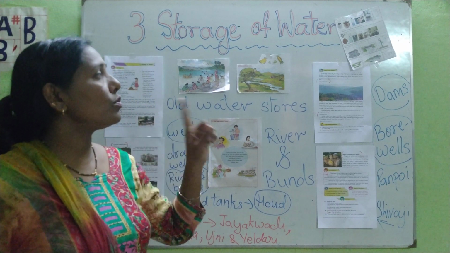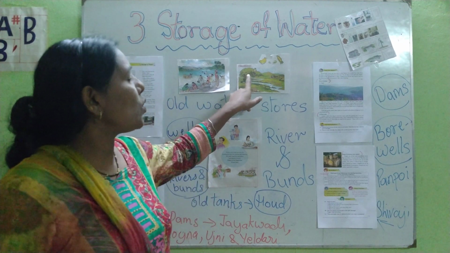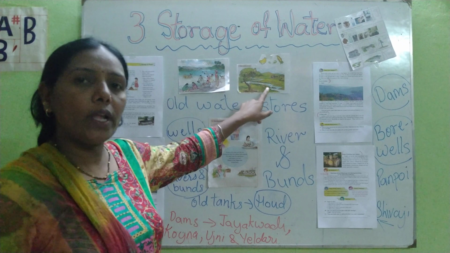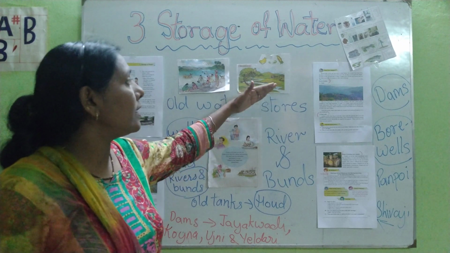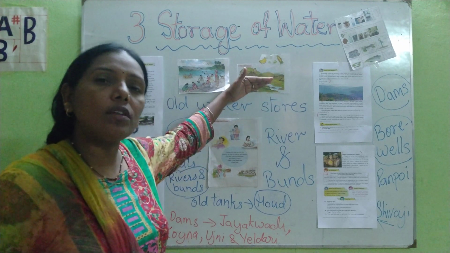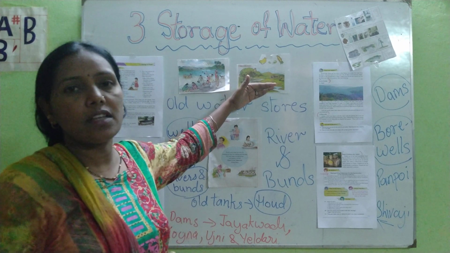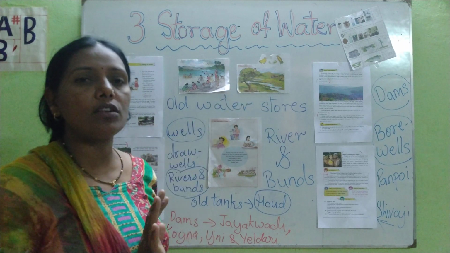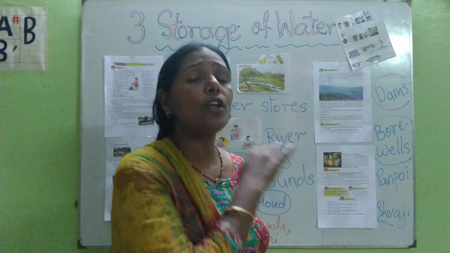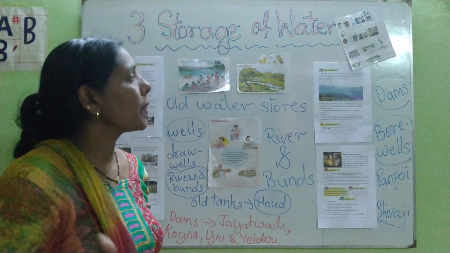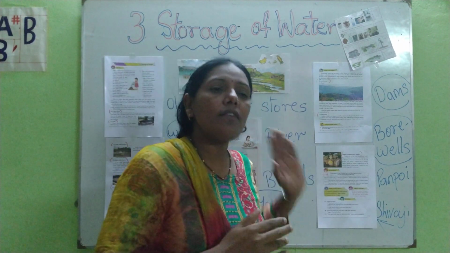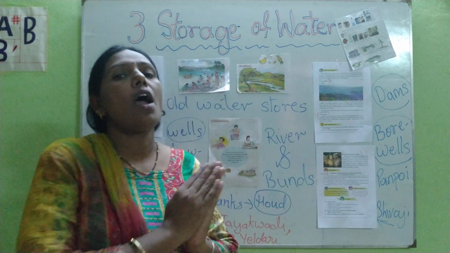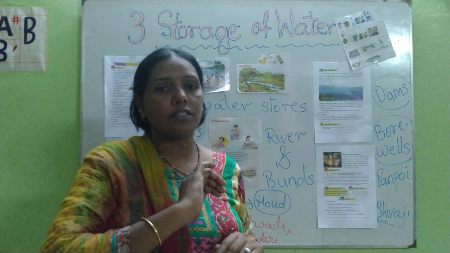Now you can see the water flowing. Yes, so a bund means a block. Blocking the water was very necessary for the villages, so that it will be helpful for them throughout the year. After that, because of this, they came to know about the dam system.